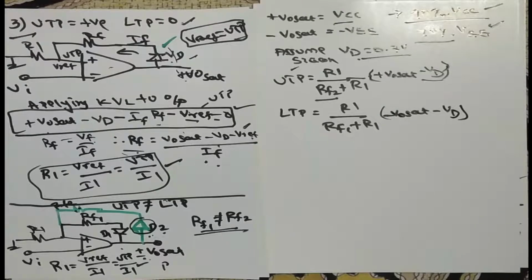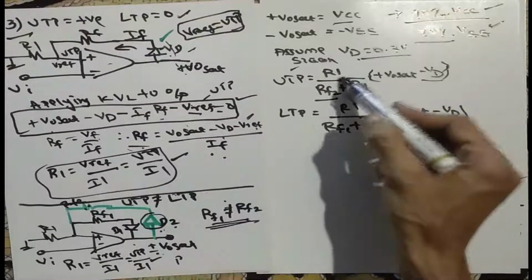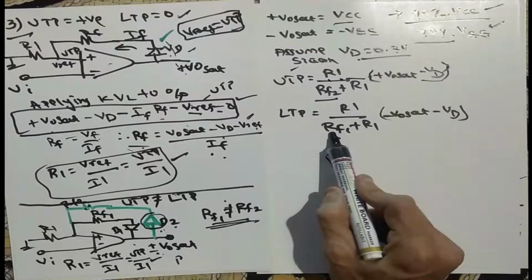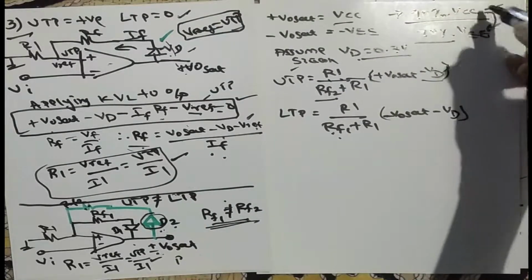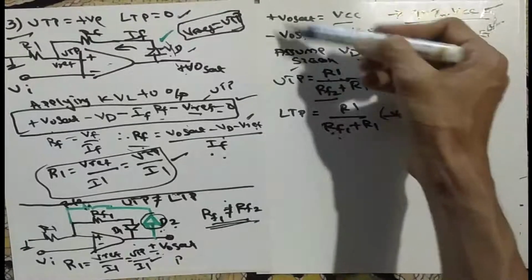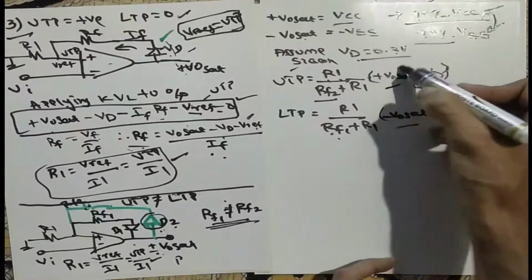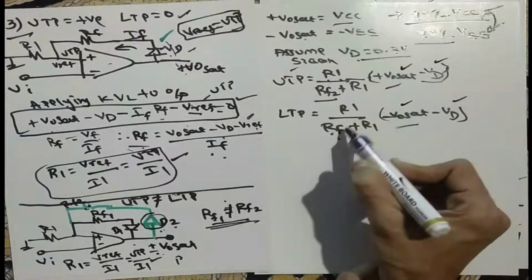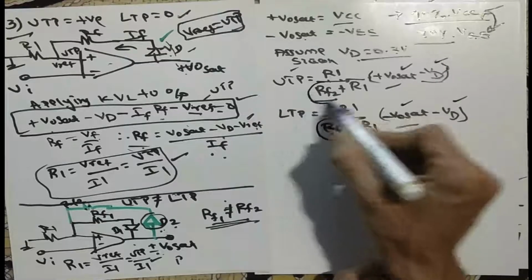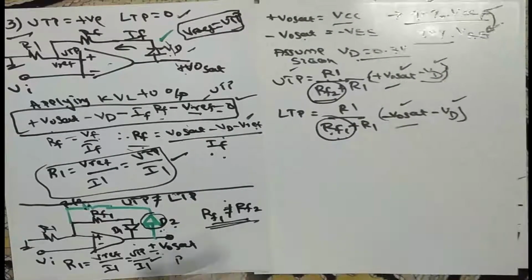This is very easy. Already I told you RF1 and RF2 are not equal. Both equations are actually the same, because VCC and VEE we usually give equal, so V0 saturation plus or minus is equal. Only the changes are in RF1 and RF2. And it is very important which name you have taken here.